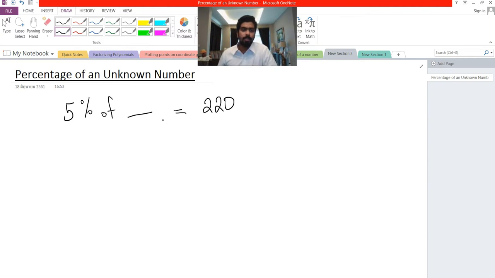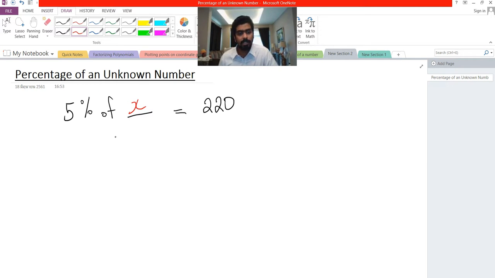All right, guys, 5% of something, we don't know this value, but what we do know is 5% of this number that we're going to find is equal to 220. So we are going to find this number. Since we don't know the number, let us call it x.